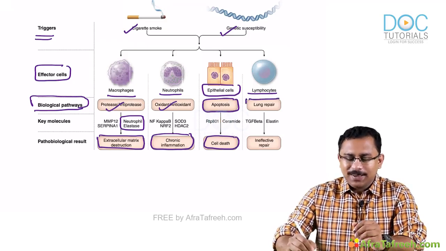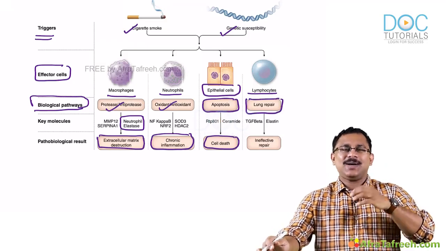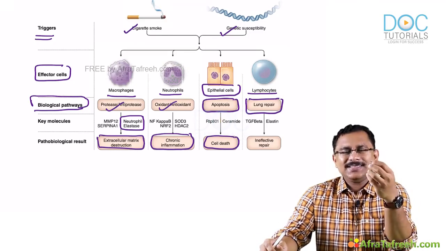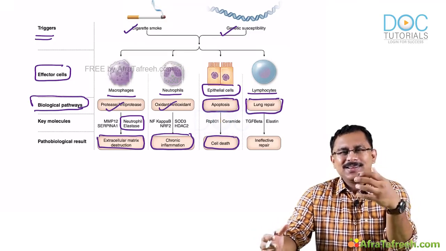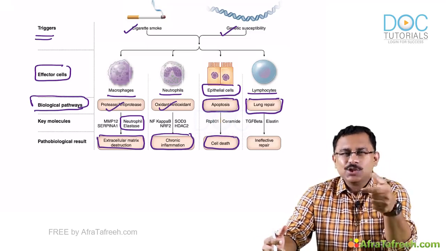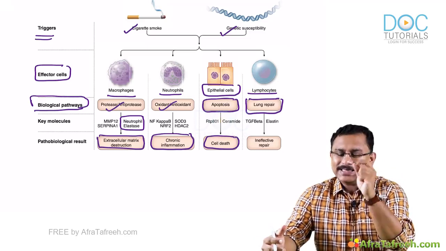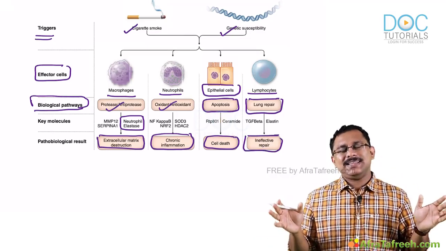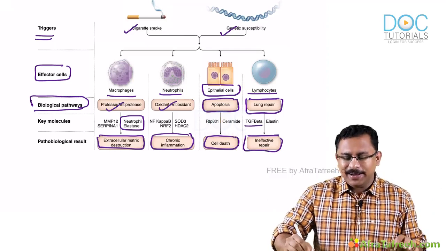And also, whenever there is some destruction of the cells, some dilatation, some inflammation, the body will try to repair, correct? So the lung attempts a repair, but often there is an ineffective repair.